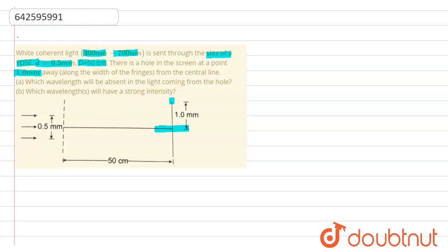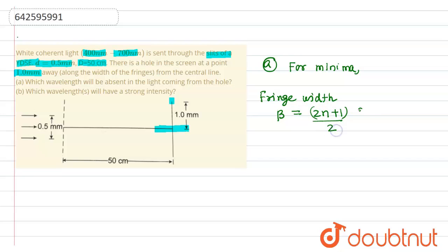So if we want to go for the first option, which wavelength will be absent, then we have to go for a minima to find the absent wavelength. So for minima, as we know, fringe width beta is given as (2n plus 1) by 2 into lambda D by small d, and small d is given as 0.5 mm and capital D is given as 50 centimeter.